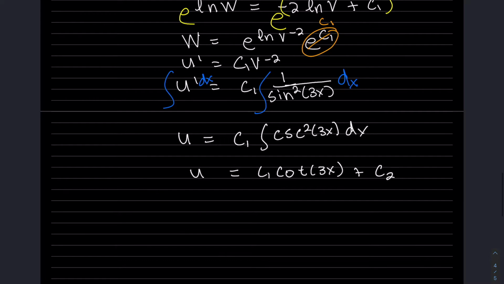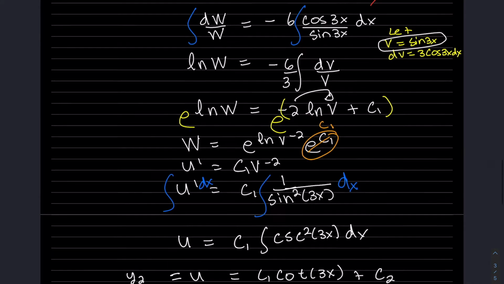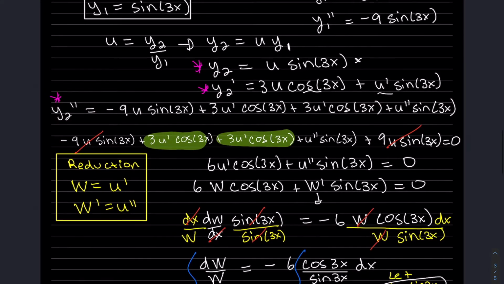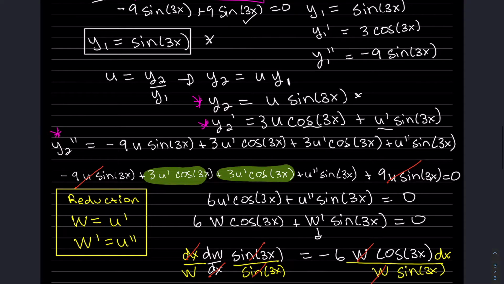So remember what u is? I'm going to just backtrack it this way. It's y2 over y1. y1 was, geez, I forgot. Right here. Sine of 3x.